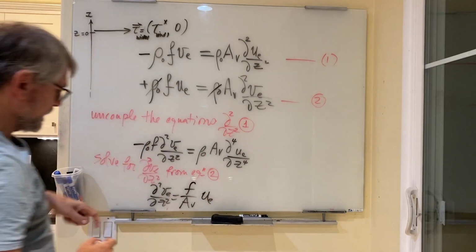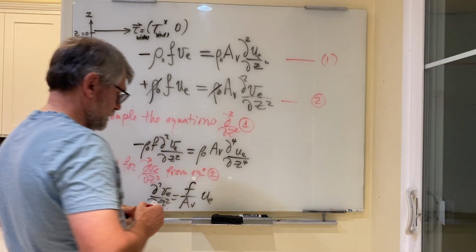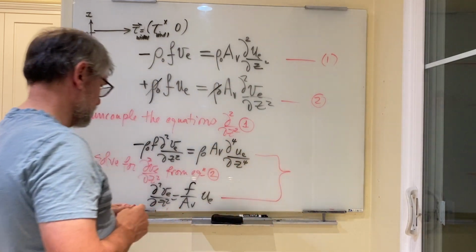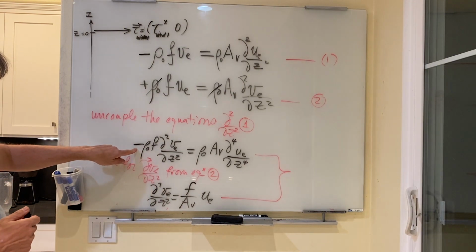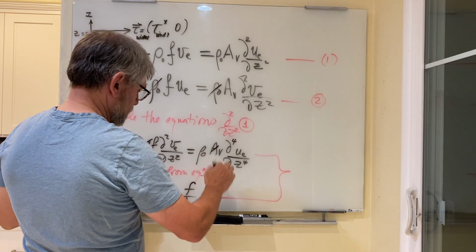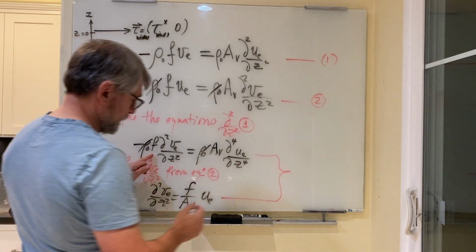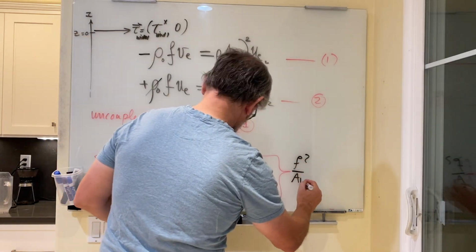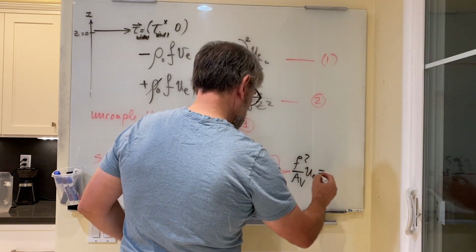And then we substitute in 1, so putting these two together will give us minus f squared over av, the rho naughts cancel, f squared over av ue is equal to av.